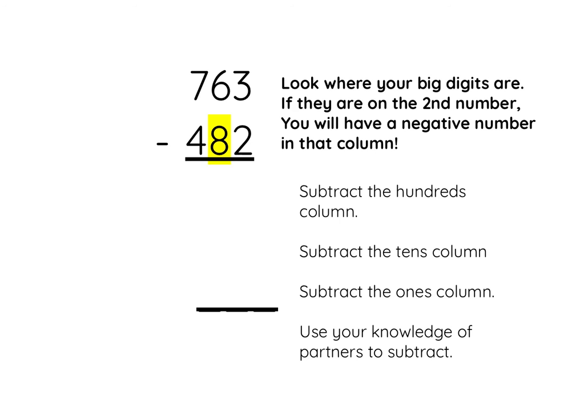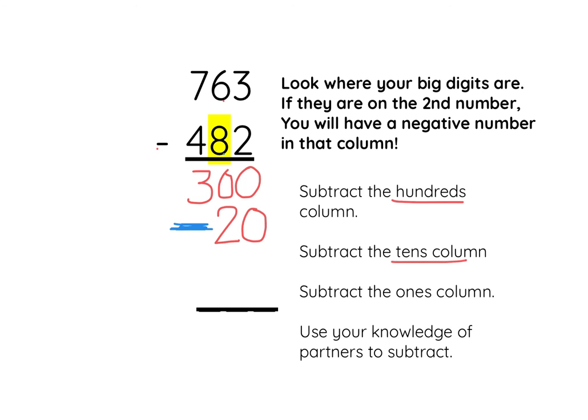763 subtract 482. Notice the 80 is larger, so my tens column will have a negative number because it's a larger value on the bottom. 700 minus 400 equals 300. That's my hundreds. 60 subtract 80 is negative 20.